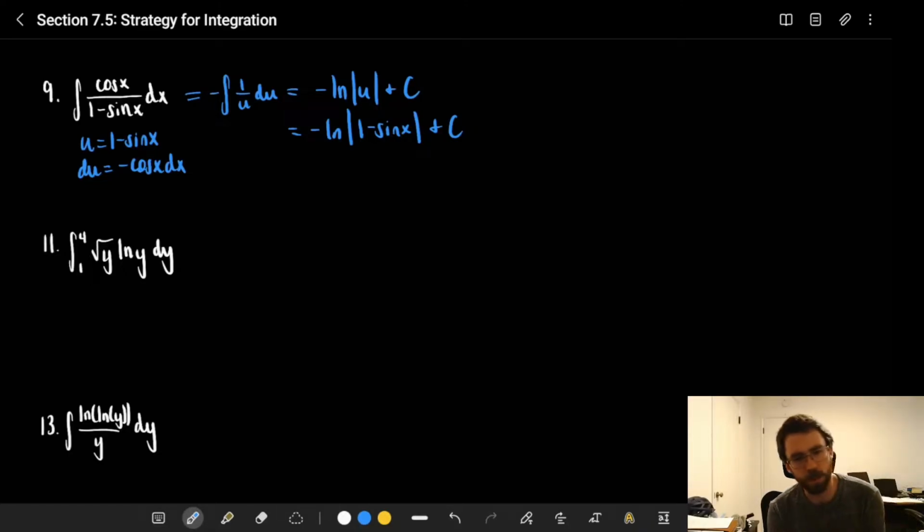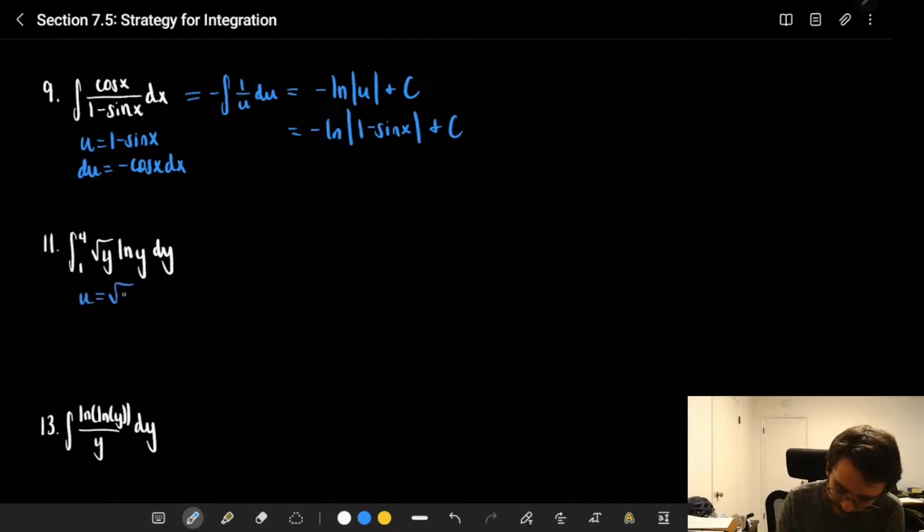Well, if I pick the square root thing as u, that would get kind of ugly, wouldn't it? Maybe this might be too complicated to do in my head. Let's just write it down. Would a u sub work? No. Maybe?